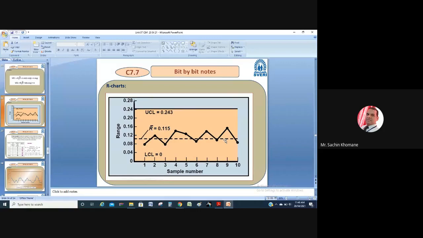But just see the range values and sample number, and check whether you are getting the same trend of graph. Take 1 minute to draw it. Within 1-2 minutes, if you are drawing freehand, easily you can draw.